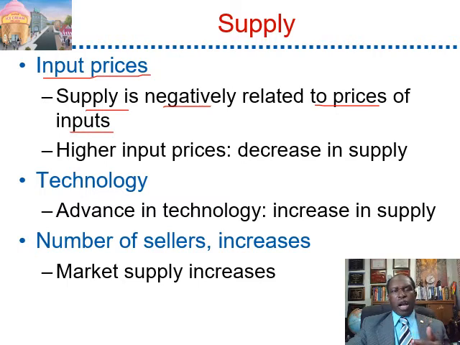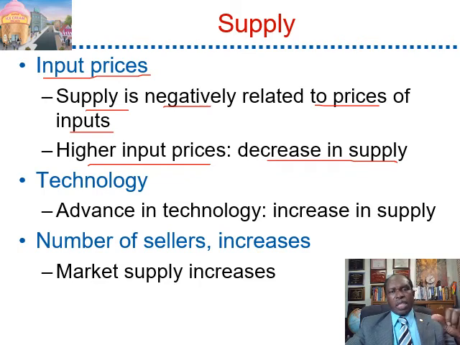Higher input prices will decrease the supply curve. For instance, if the price of labor goes up, or the price of energy goes up, or the price of transportation goes up, supply will decrease and shift to the left. Because of the higher cost of production, businesses are going to produce less, and supply will decrease and shift to the left.